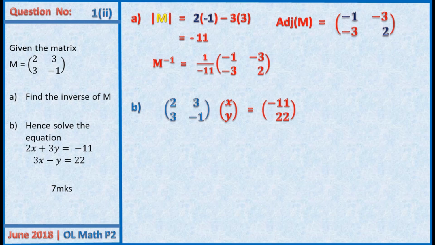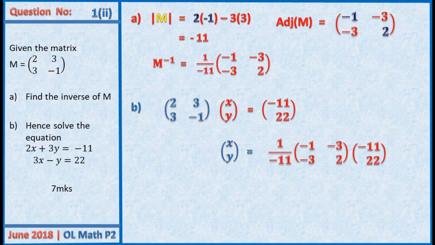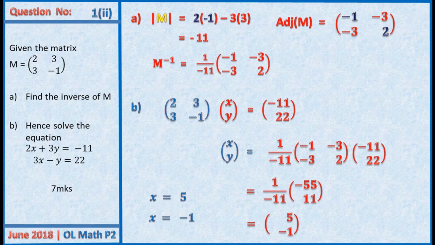Because they said hence, it means we use the previous answer, so x, y should be equal to M inverse times the constant matrix on the right hand side. Simplifying, I have minus 1 over 11 times minus 55, 11. Multiplying each of the matrix elements by minus 1 over 11, we have 5, minus 1. So the values of x and y are respectively x equals 5 and y equals minus 1.